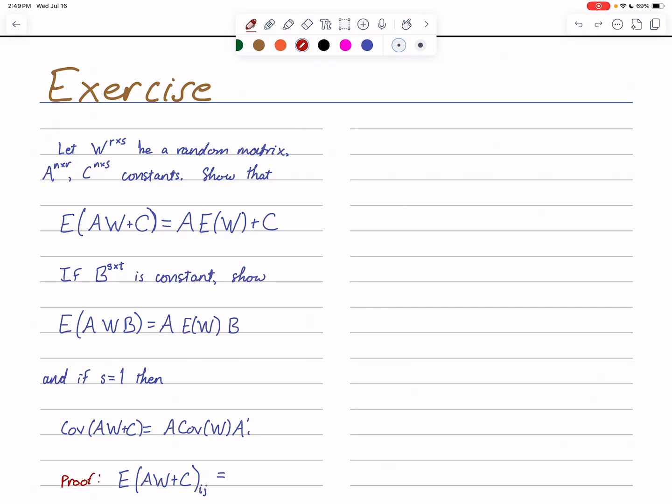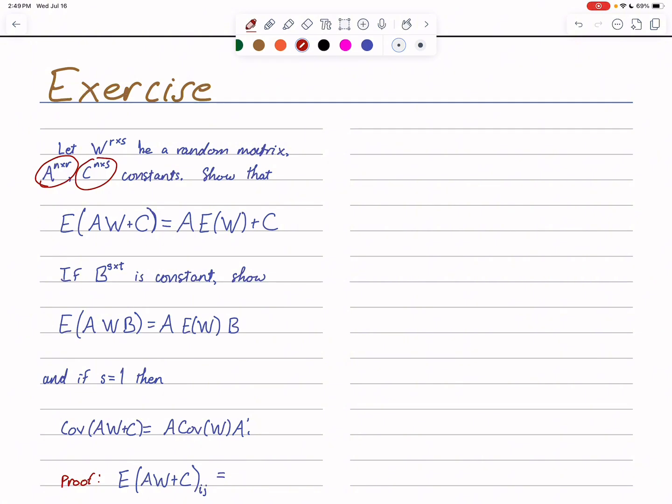I likewise call this matrix A an n by R matrix of constant real numbers, and we have this matrix C, which has dimensions n by S, also a matrix of constants.